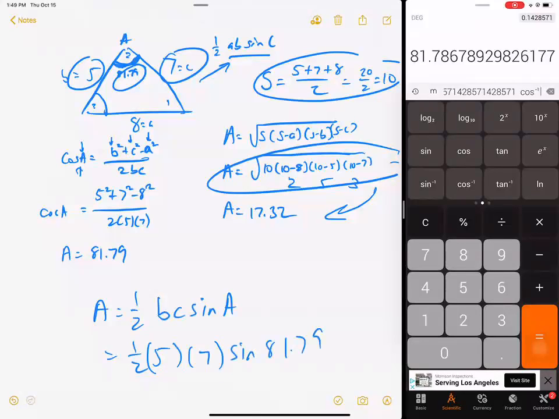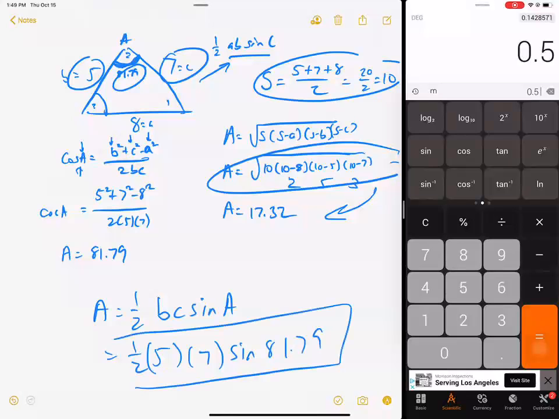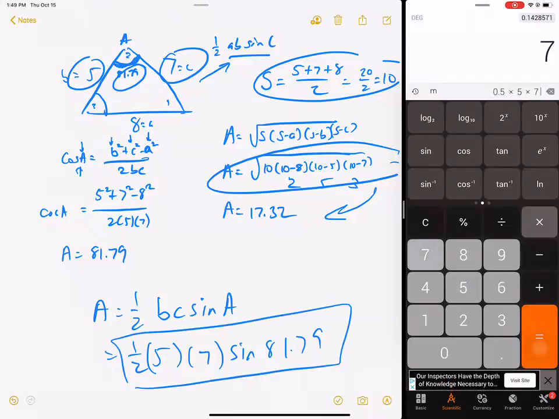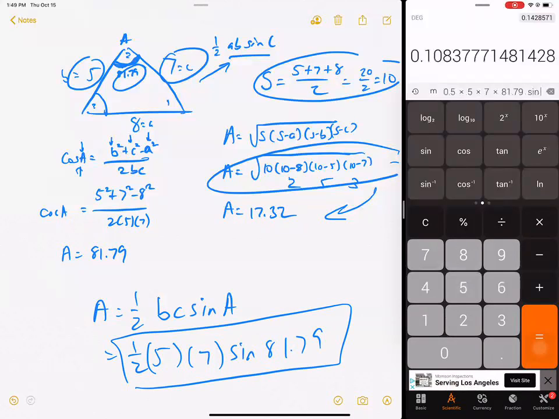So if you're really fast at your calculator, and you need to be, you'll really do well on this test. You just need to know what to plug in. For your work, you have to write this out to get credit. 0.5 times 5 times 7 times 81.79 sine equals, that doesn't look like a good answer.